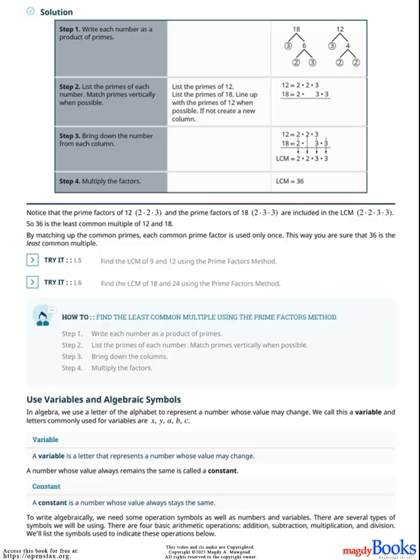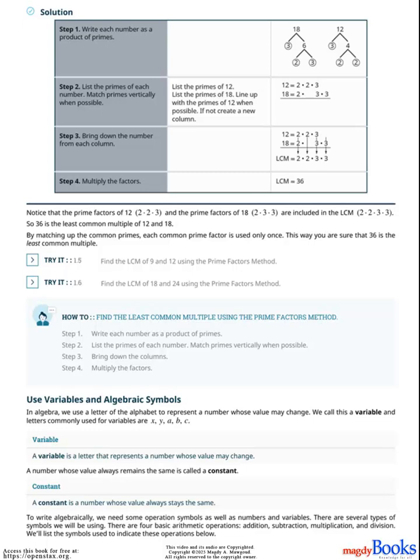Notice that the prime factors of 12, 2 times 2 times 3, and the prime factors of 18, 2 times 3 times 3, are included in the LCM, 2 times 2 times 3 times 3. So 36 is the least common multiple of 12 and 18. By matching up the common primes, each common prime factor is used only once. This way you are sure that 36 is the least common multiple.